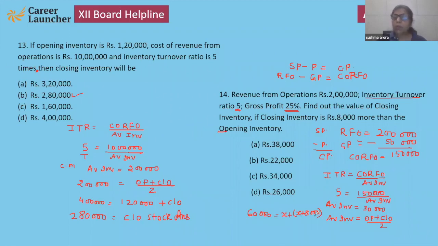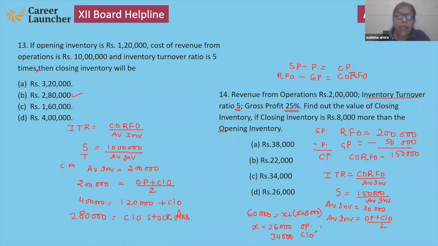So we can put it in the more, means plus. Now you can come to know that the value of X will be 26,000. This is opening stock, and value of closing stock will be 8,000 plus, it means 34,000. Yes, please. Note down, children.